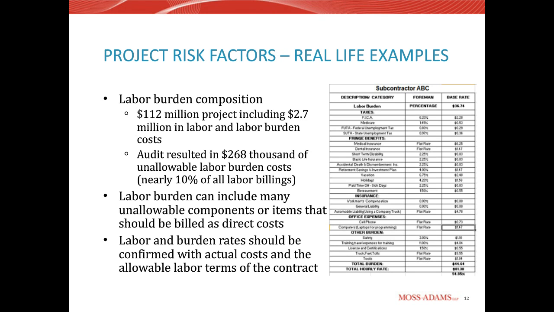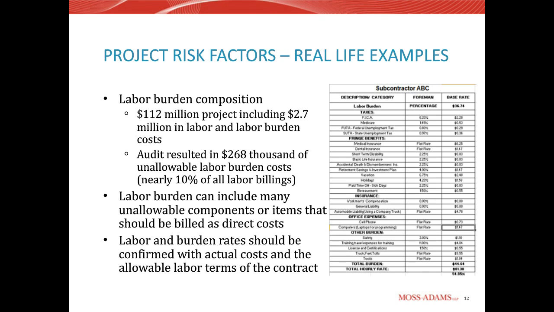Like computers, auto allowances, basically everything under the office expenses category and the other burden category. Those costs were allowable project costs, but they had been billed directly to the job and shouldn't have been covered within the burden that's charged.